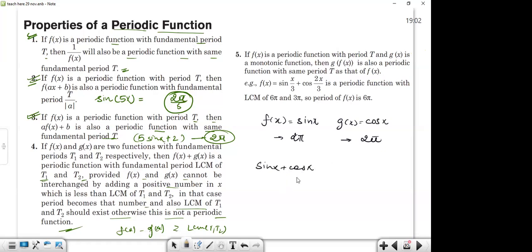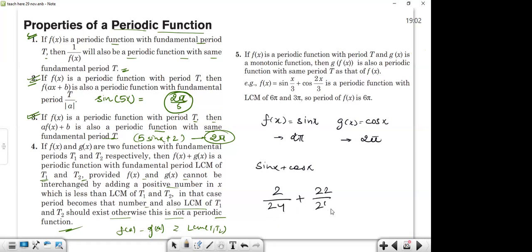Now what will be the LCM of 2 pi and 2 pi? You will understand by this.